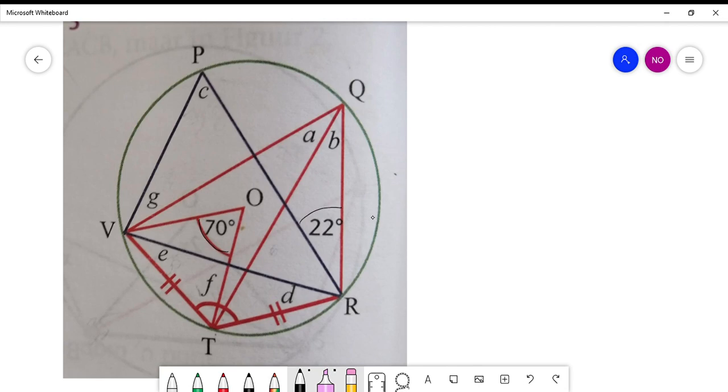But I can see that the same chord that subtends the 70 degrees at the midpoint of the circle also subtends A. In other words, A must be equal to 35 degrees, and my reason will be angle at midpoint is 2 times the angle at circumference. Okay, so this one is 35 degrees.